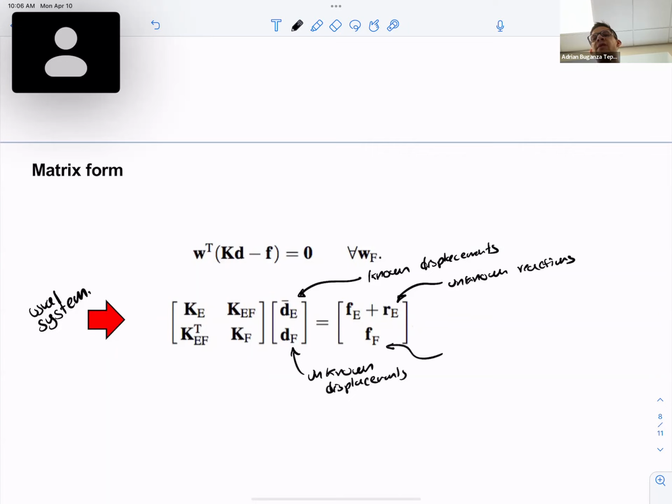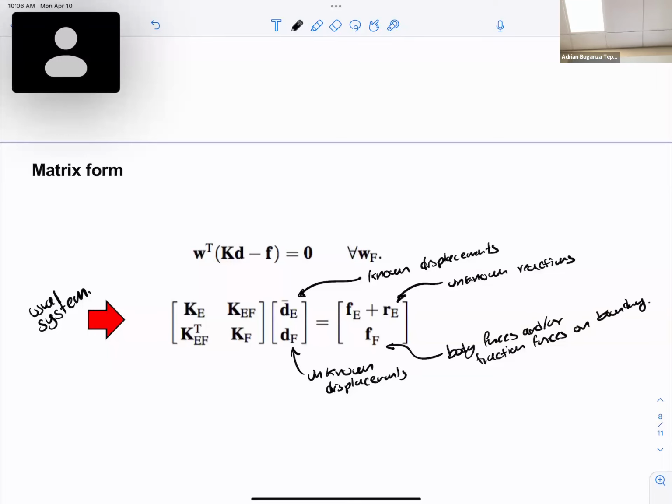And for those, there are body forces and/or traction forces. So that FF will have body forces for any node, traction forces only for nodes on the boundary.